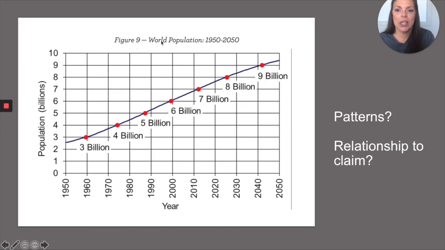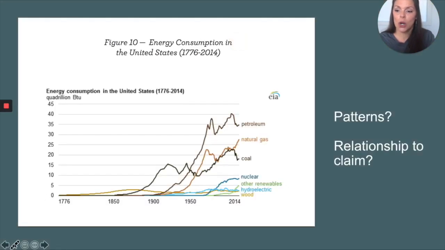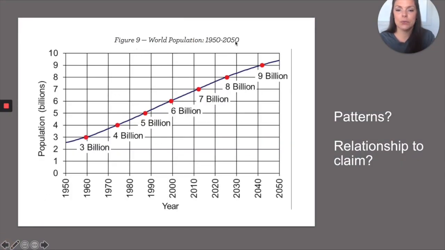But here we're looking at the world population from 1950 to 2050. What year is it now? 2020. So when we're looking at 2050, these are projections or predictions. The years are reflected on the x-axis from 1950 to 2050, and on the y-axis the population in billions.